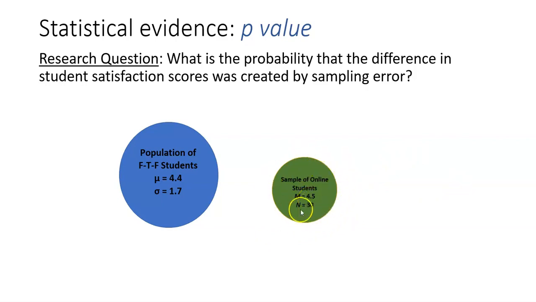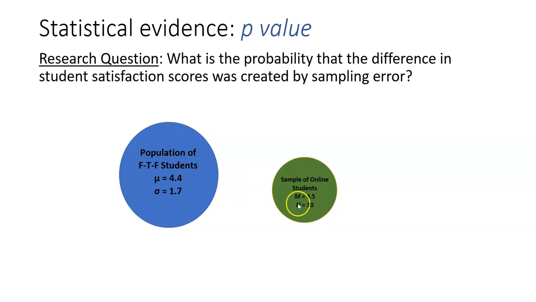This is considered just a sample because it's just one class, right? So it's 4.5 on a 5-point scale. Now, obviously, the 4.5 is higher than the 4.4.